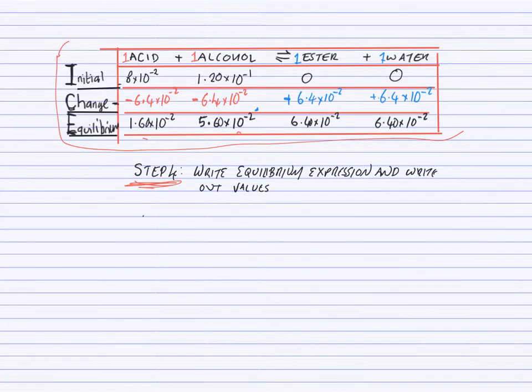So here is our ICE table, and the final step is to write out our equilibrium expression and then to write out the values. So remember to write out the expression for Kc. It's the concentration of the products, which is the ester and the water. They're the products. And then we divide those by the concentration of the reactants.